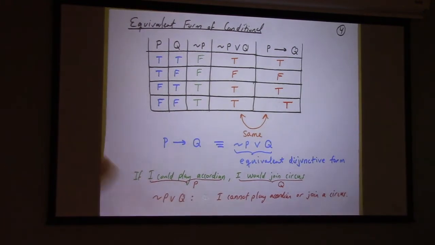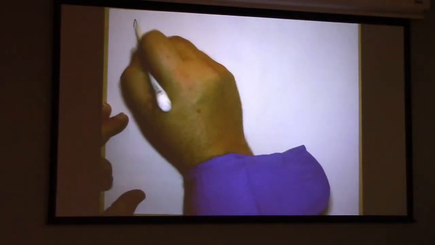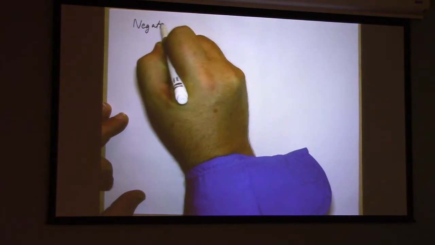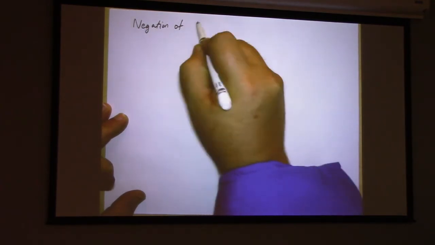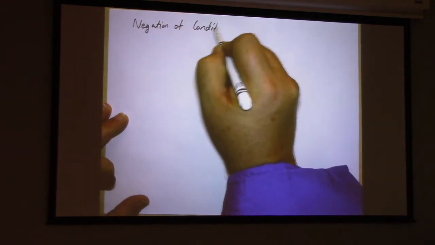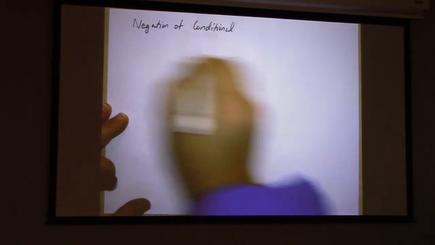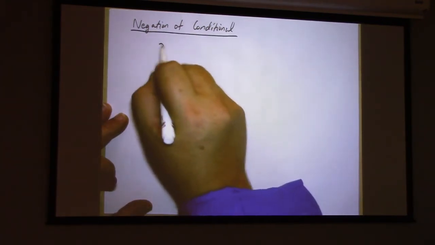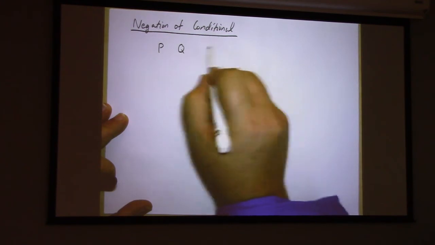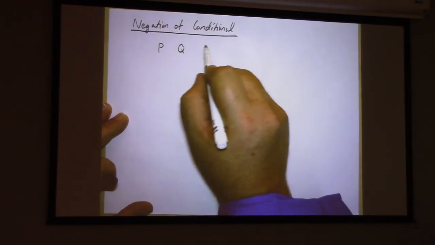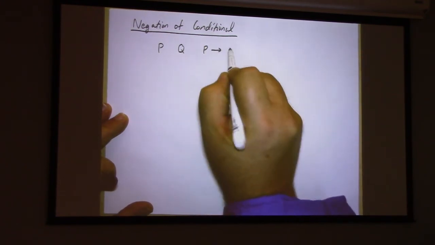How about the negation? Let's talk about the negation. What is the negation of the... maybe I can do it right here, actually. Well, no. My bad. So we should also talk about the negation of the conditional. What's that look like? So we've got our P, our Q, our P implies Q, right?